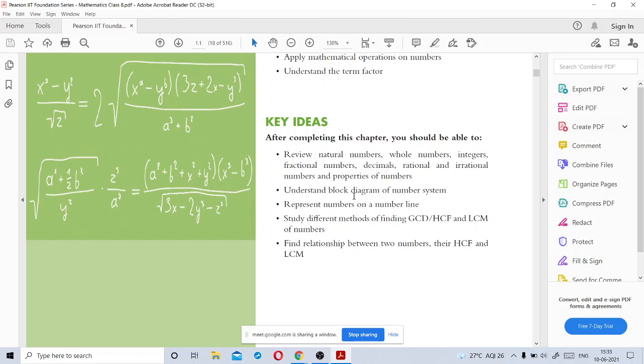Understand block diagrams of the number system. Represent numbers on a number line. Study different methods of finding GCD, HCF, and LCM of numbers. Find the relationship between two numbers, their HCF and LCM. So after completing this chapter, you get these ideas. Okay, my dear children.